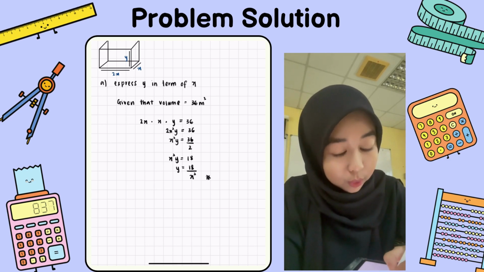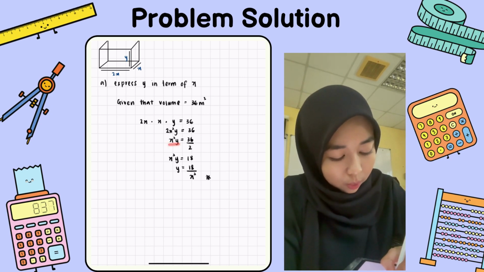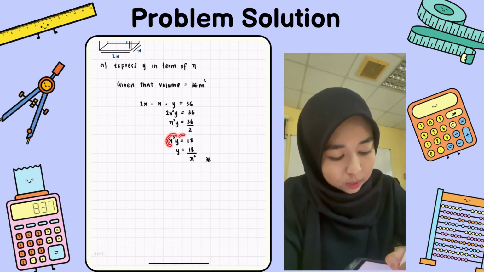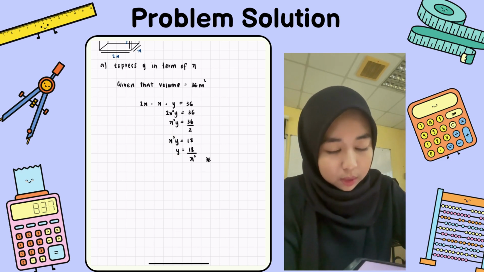And then we will do it step by step to avoid careless mistakes. So x squared y equals 36 over 2, and we get 18. Then we bring x squared to the other side, and we get y equals 18 over x squared. And this will be the final answer.